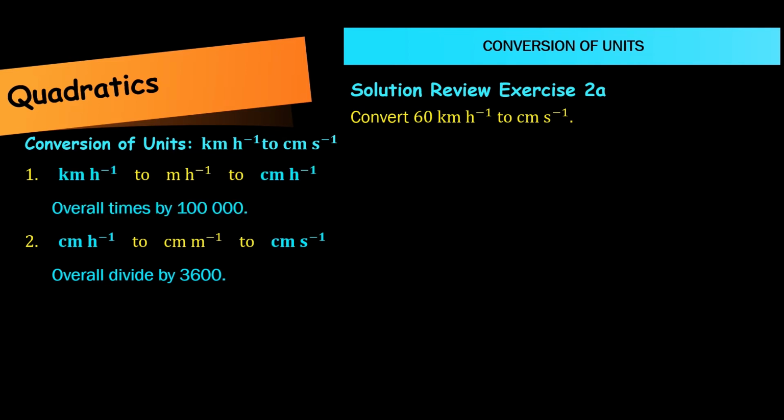So first we multiply by 100,000 in order to convert the kilometers to centimeters, and then we divide by 3,600 in order to convert from per hour to per second.